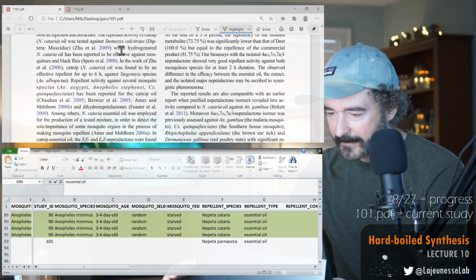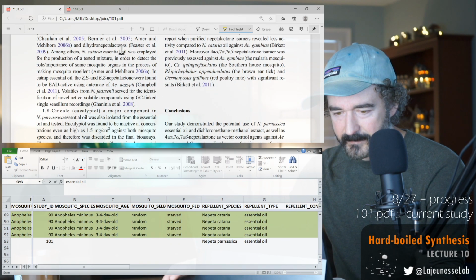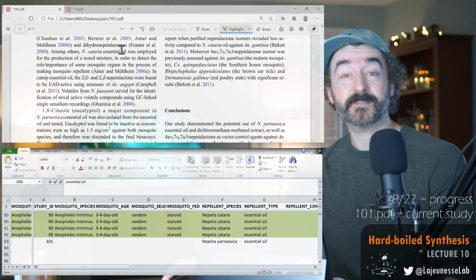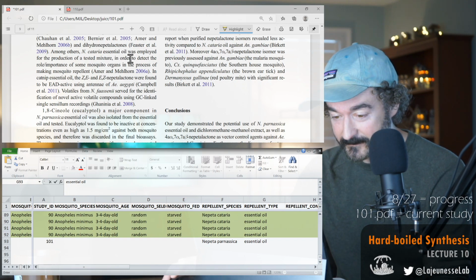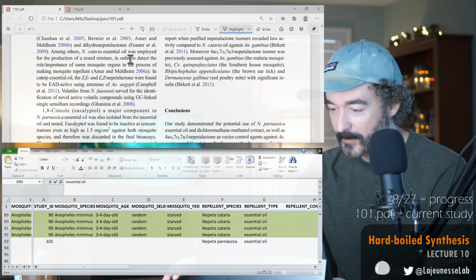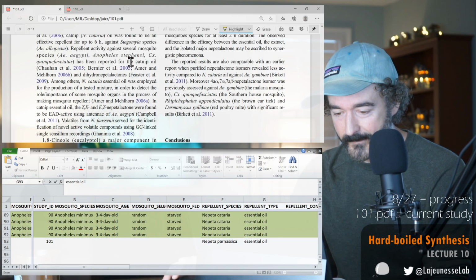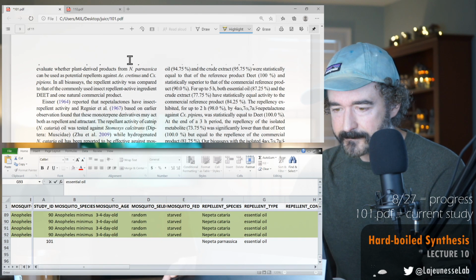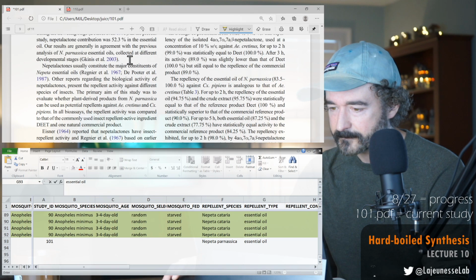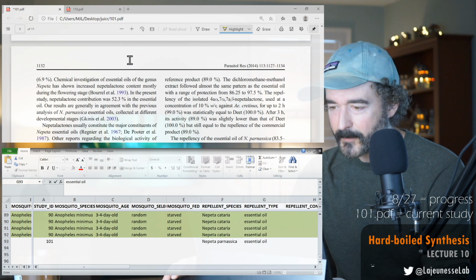I dislike results and discussions merged together, only because it makes it aggravating for me to extract data. That's the only reason. Oh man, come on. You're making me read the paper.